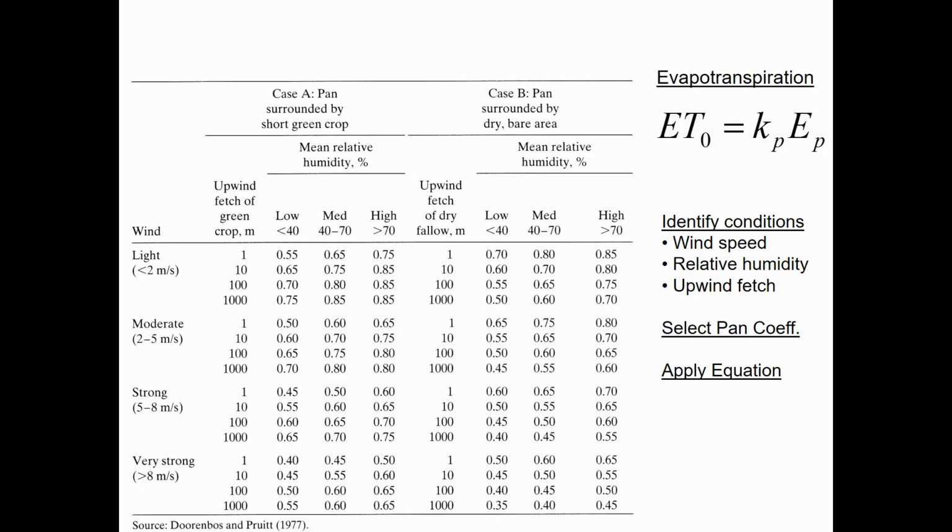And this is an awfully simplistic way of looking at it, but you can estimate that your evapotranspiration is going to be 0.60 times the 4.2 millimeters per day.